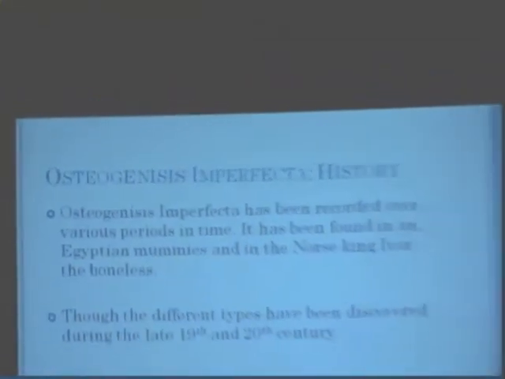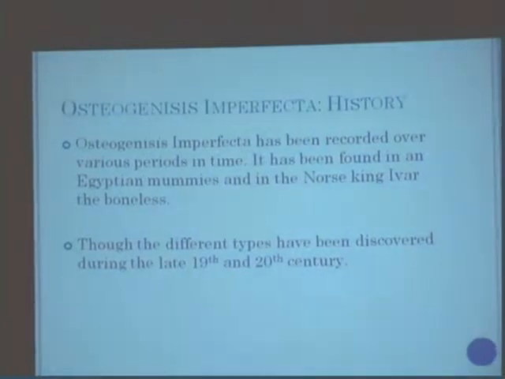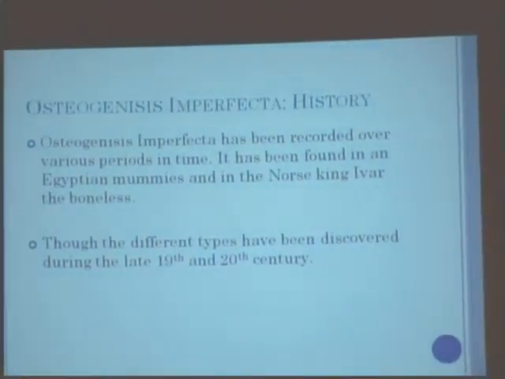There's one Egyptian mummy that was found to be around 1000 BC that had osteogenesis imperfecta, and there were also documents that the Norse king Ivar the Boneless also had osteogenesis imperfecta. Well, that's what his name was about. And the different types were discovered during the late 19th century and 20th century, so it's the late 1800s to early 1900s.